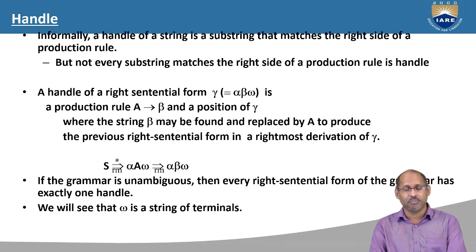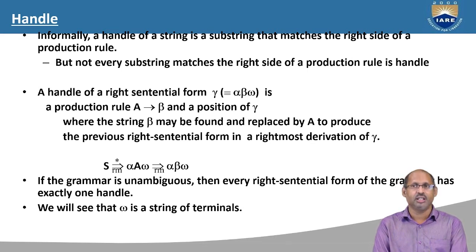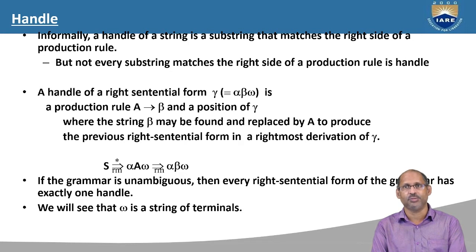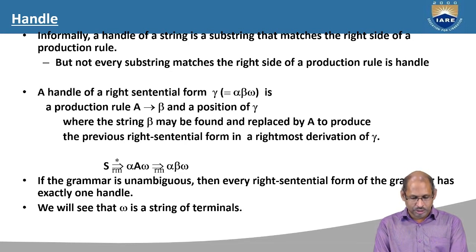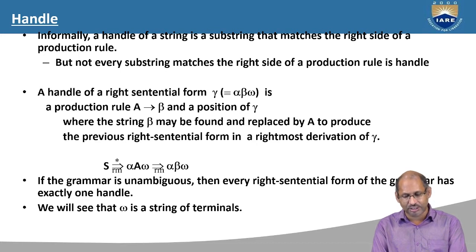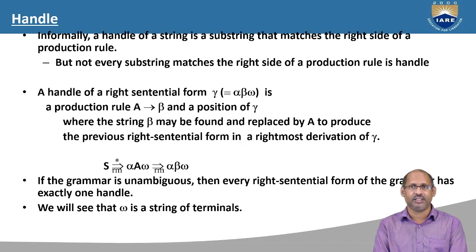So, S derives alpha A w, which derives alpha beta w. Right? If the grammar is unambiguous, then every right sentential form of the grammar has exactly one handle. Right? If the grammar is unambiguous, there is only one handle.